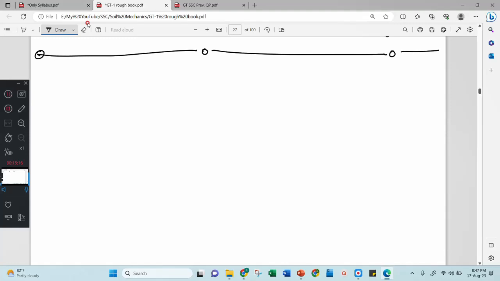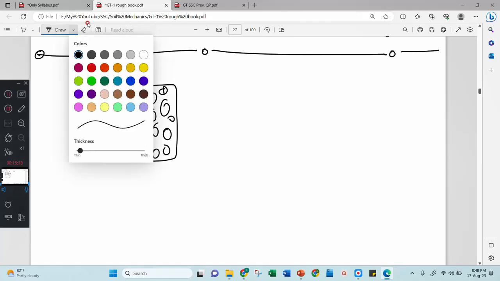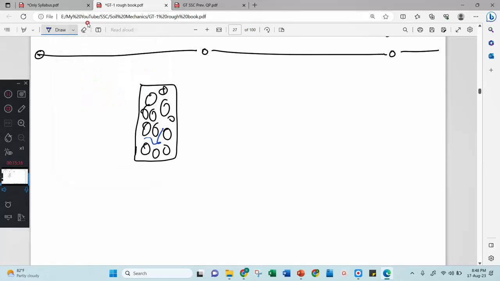Give me the correct reason why water escapes, or why water is expelled. This is your solids, and inside the solid, water is there. Why is water escaping? The first reason I will give you is that you have applied a static load.